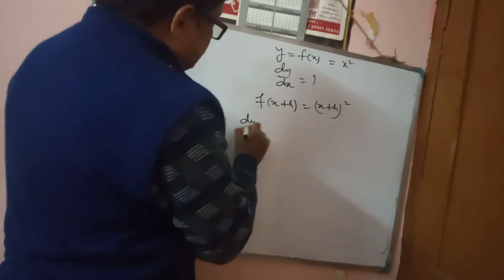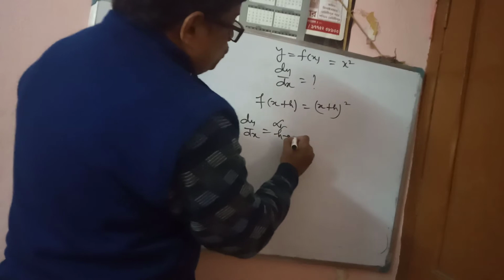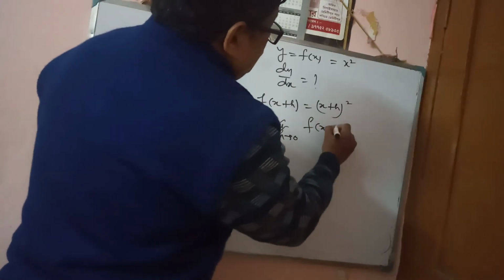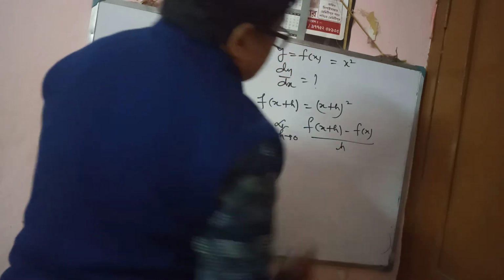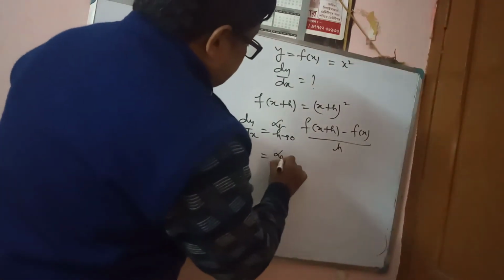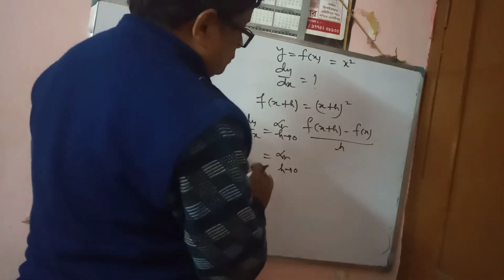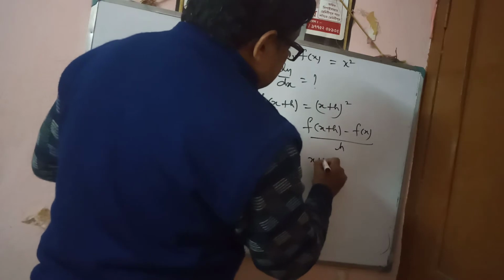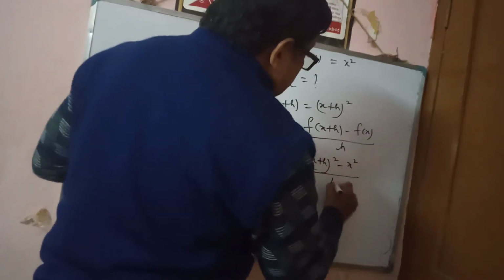So dy/dx, all of you know the formula: limit h tends to 0, f of x plus h minus f of x by h. So write limit h tends to 0, x plus h whole square minus x square by h.